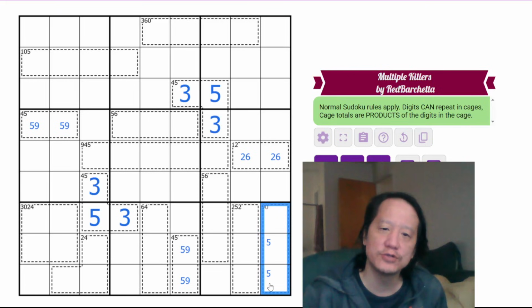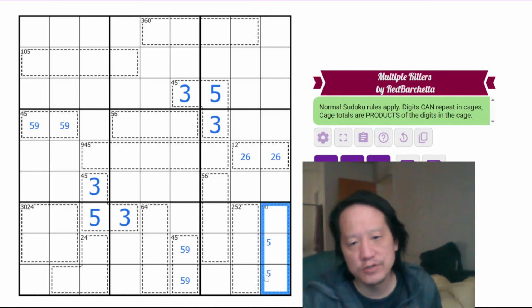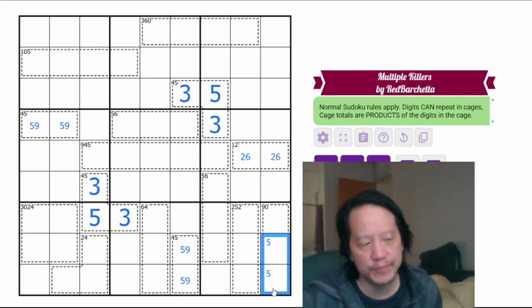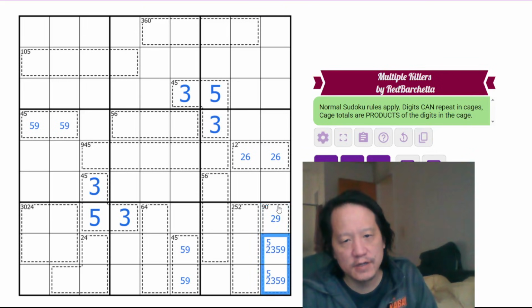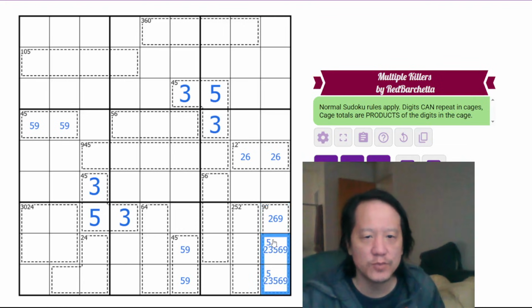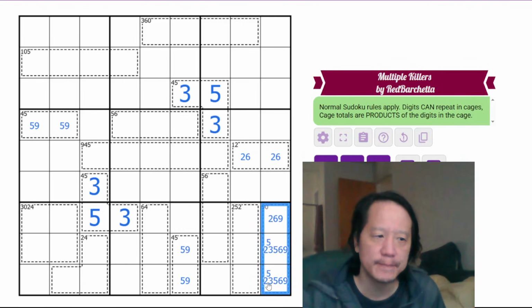So it could be 5 with 2 and 9, or 5 with 3 and 6. Okay. So 5, 2, 9, or 5, 3, 6, multiplied to 90.